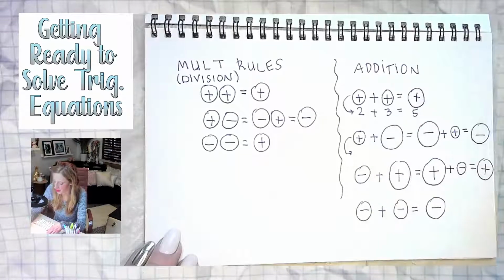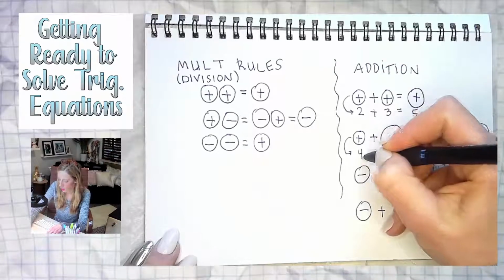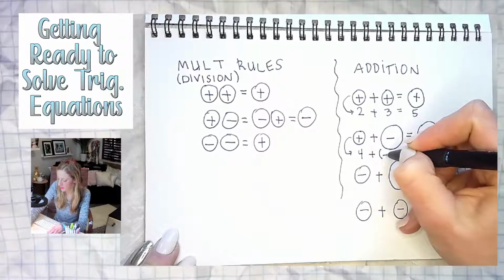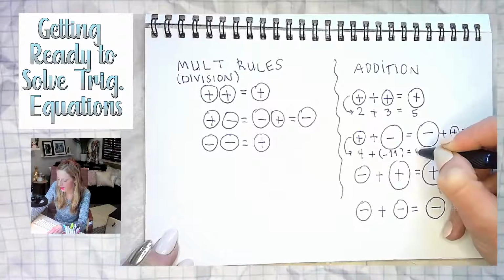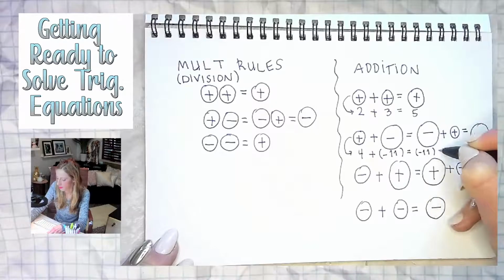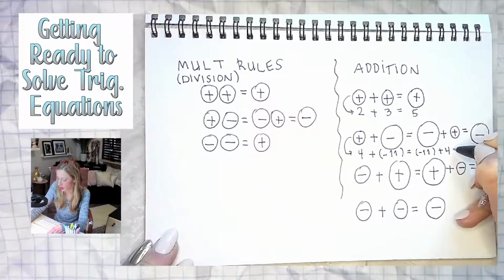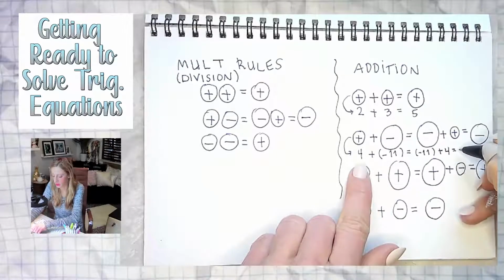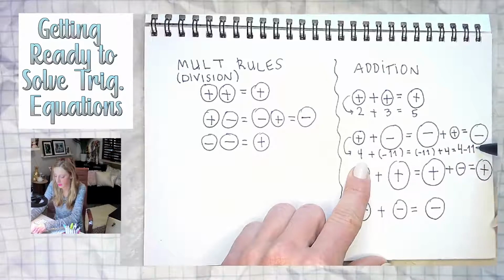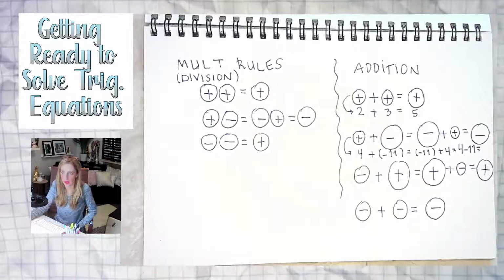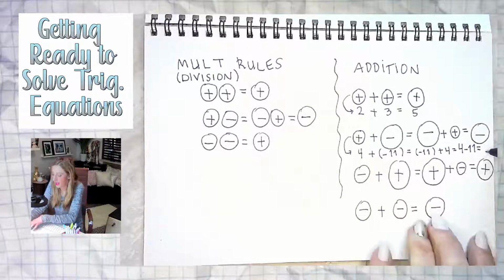Here, what if I had something like 4 plus negative 11, which is the same as negative 11 plus 4, which is also the same as, I'm just going to rewrite this first one a little differently, 4 minus 11. What do I get with that example right over there? These are all the same. Negative 7, right.